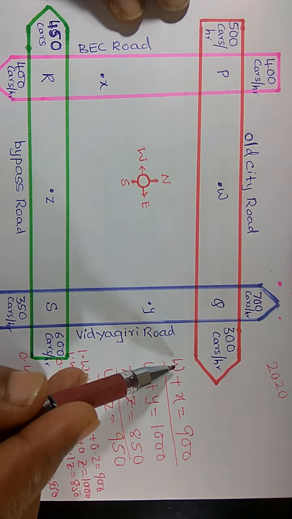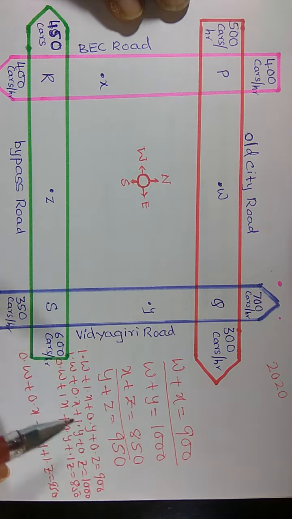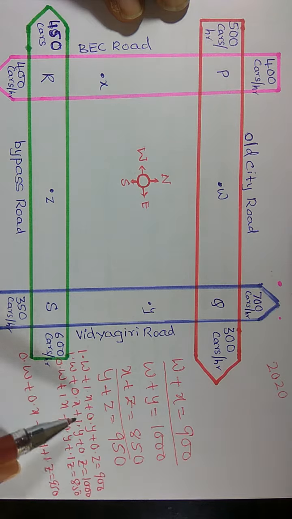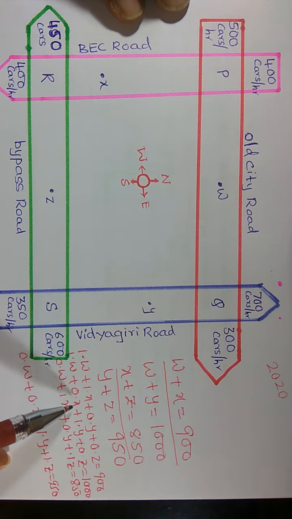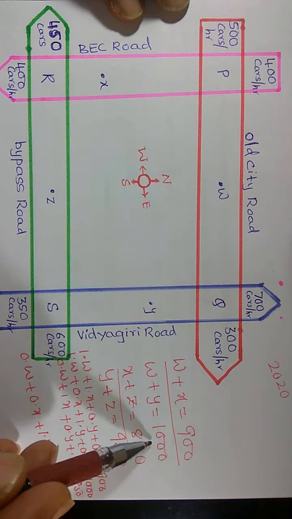Now this problem is converted into a linear system of equations, or the same equations can be written in this form. Coefficient of W is 1 into W, and coefficient of X is also 1, 0 into Y plus 0 into Z is equal to 900. 1 into W, 0 into X plus 1 into Y plus 0 into Z is equal to 1000.